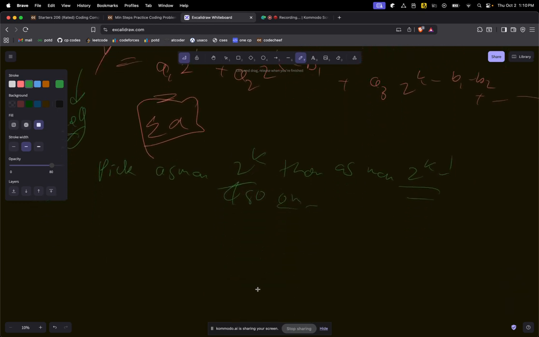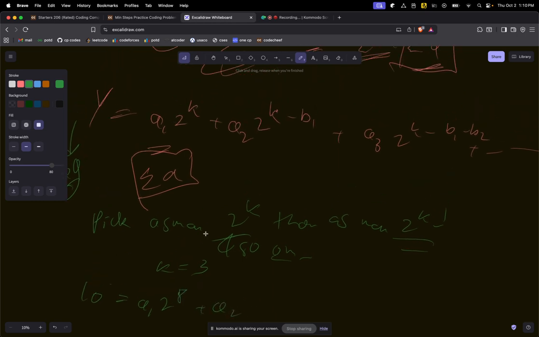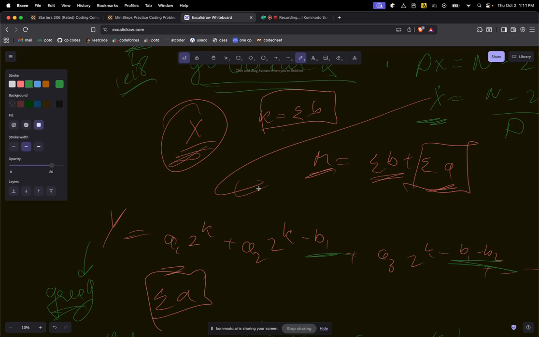So what I mean by this, if let's say y is 10 and k is 3, you will have a1 2 raised to the power 3, that is 8, plus a2, and now I'm assuming that my b's are all 1, so that would actually lead to the best solution. You can think about why we can make this assumption of all b's equal to 1, but that is why it would lead to the best solution.